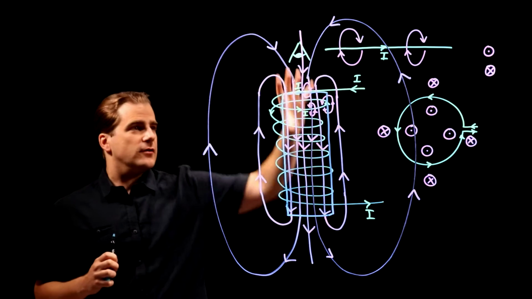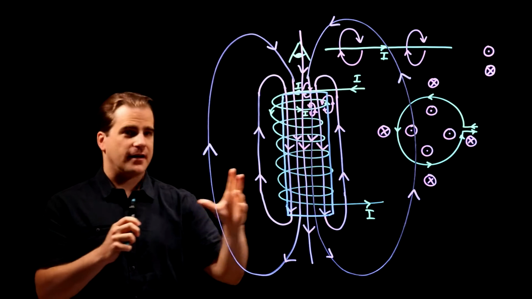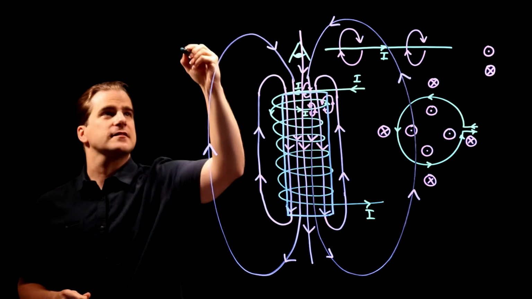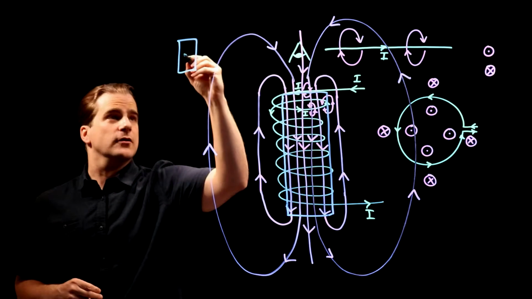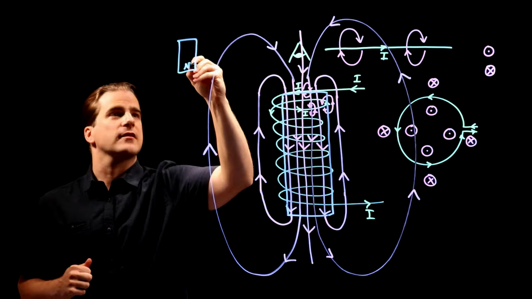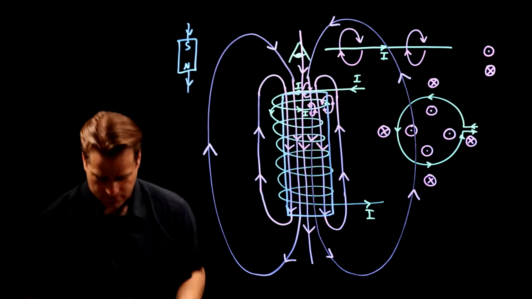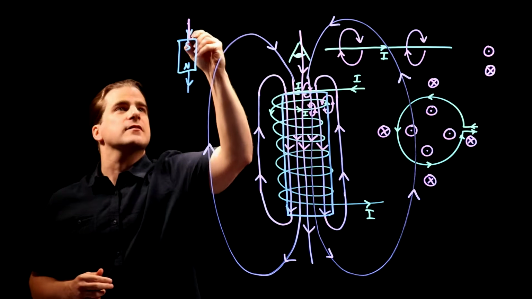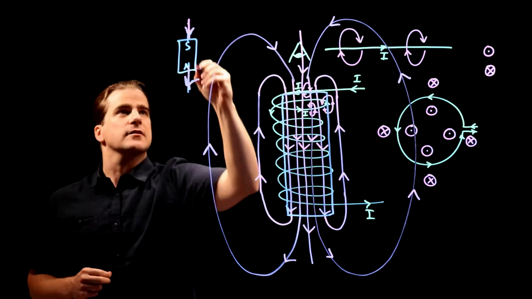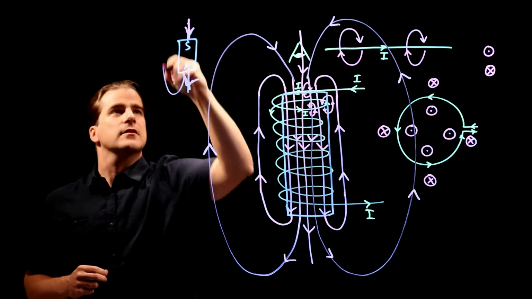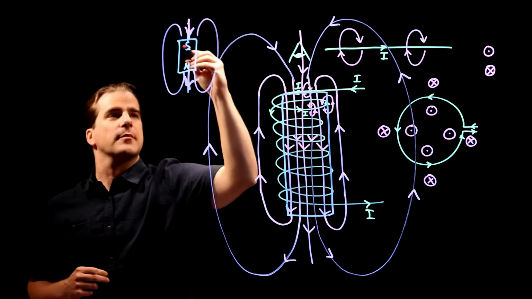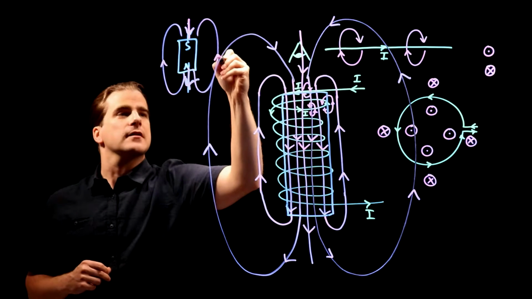And the pattern is exactly like that, as if it were just a north-south magnet. In this case, north's down there, south's down there. So you've got, be consistent with the colours, your classic butterfly pattern, like so.